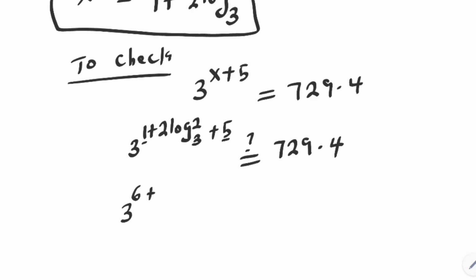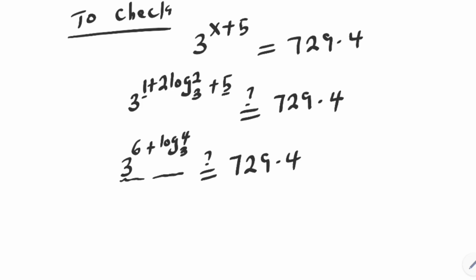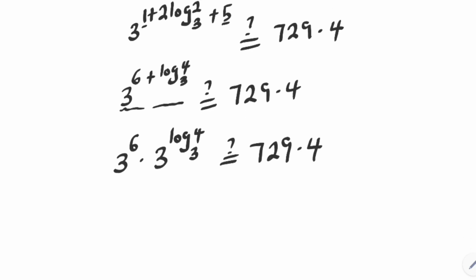plus 2 log 2 base 3 can be written as log 4 base 3 must be equal to 729 multiplied by 4. Then this can be written as 3 raised to power 6 multiplied by 3 raised to power log 4 base 3 must be equal to 729 multiplied by 4. 3 raised to power 6, this is 729, multiplied by the whole of this is 4.